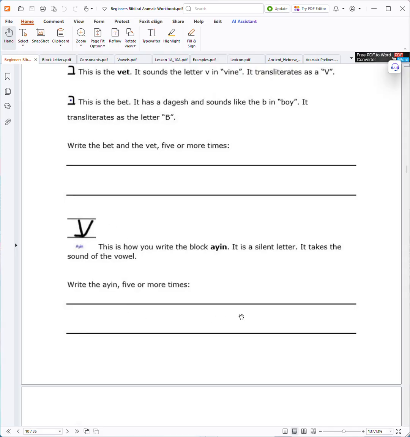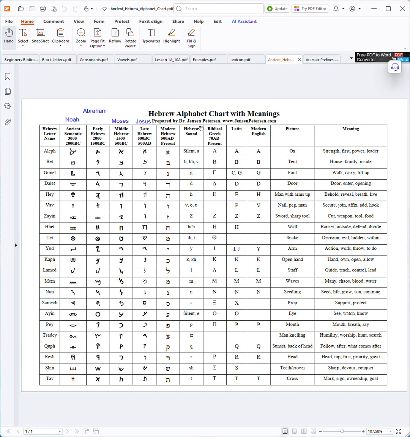So write 5 or more ayin down here. Now when we look at the ancient ayin, it looks like an eyeball or something, doesn't it? So that's what its picture is, an eye, see, watch, know.